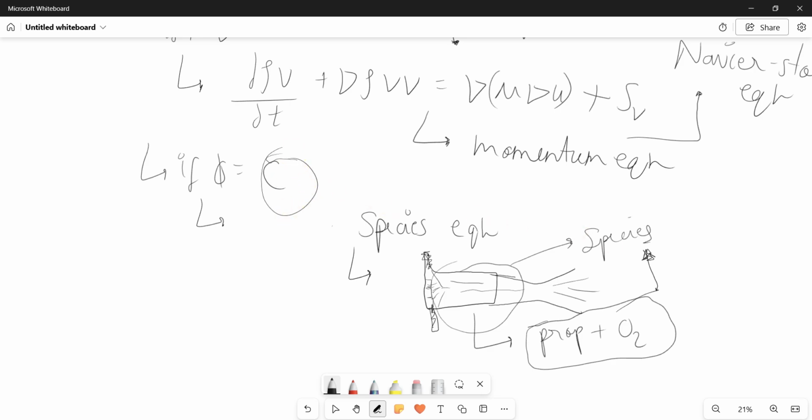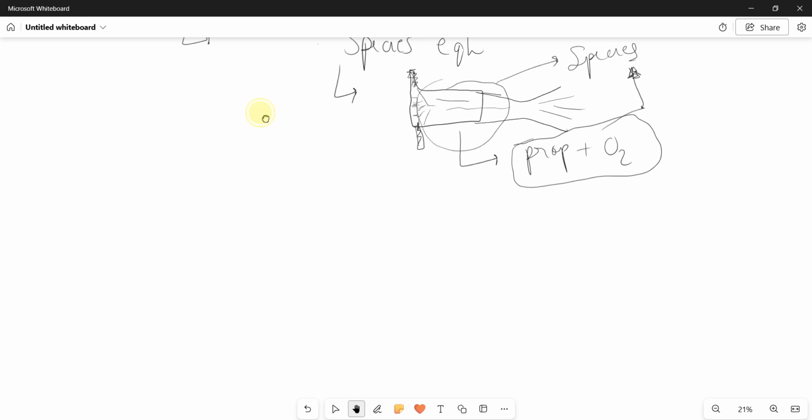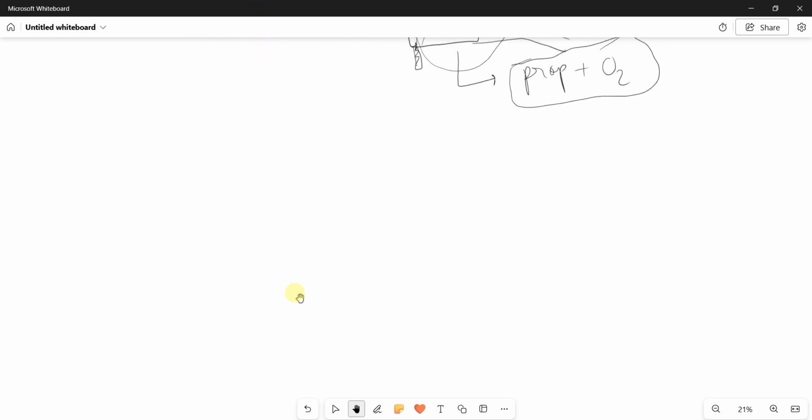So this is why you use species equations. This is very important if you are doing something related to rocketry or propulsion systems in general, or CFD of battery packs, etc. So yes, that is it for the conservation laws.